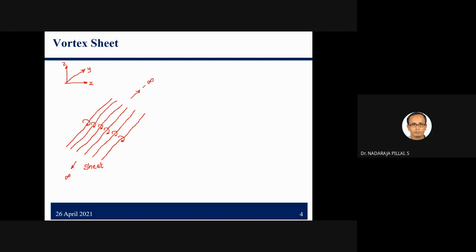Now, if somebody looks from this side view, the edge view, and draws it, then in the XZ plane we can draw something like this, and you will be seeing a line, and each and every point is a filament.